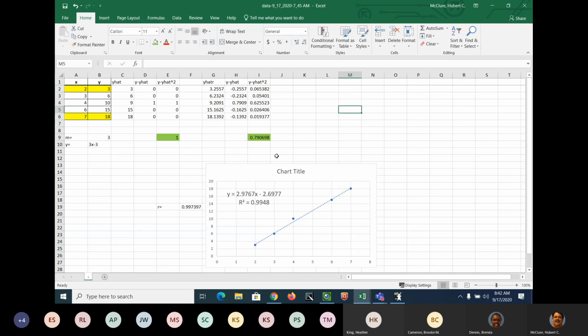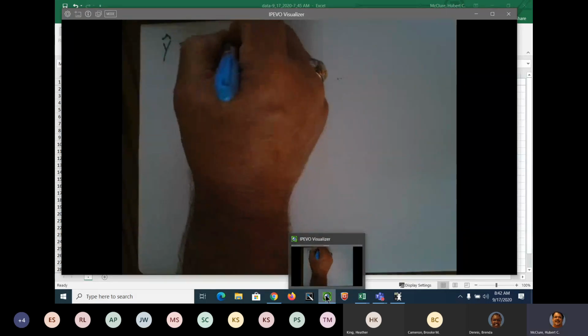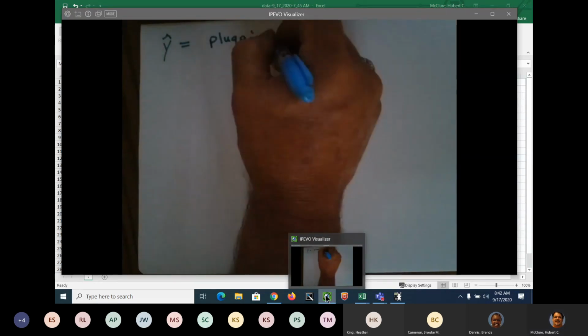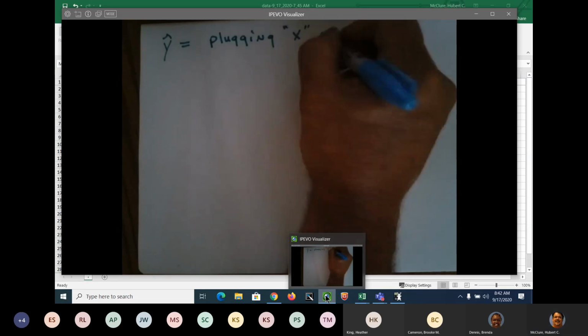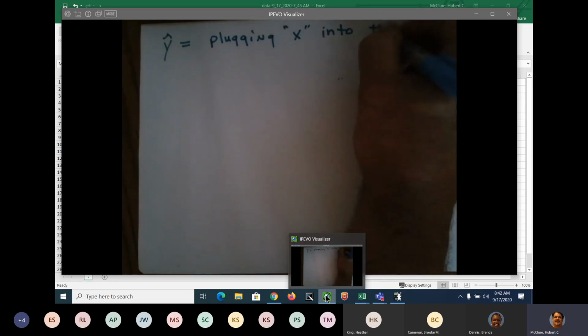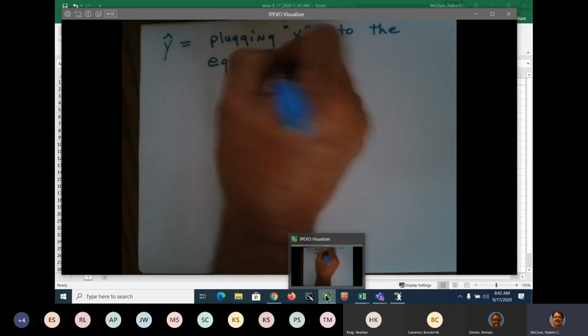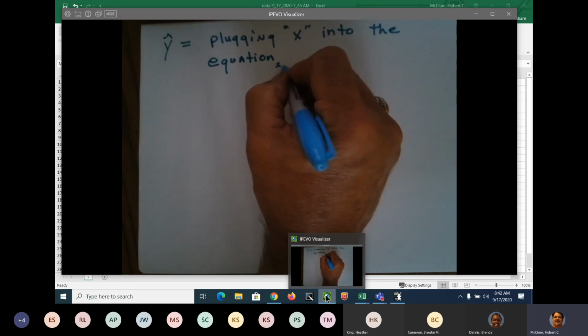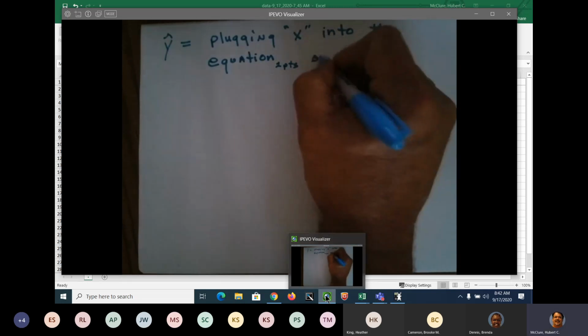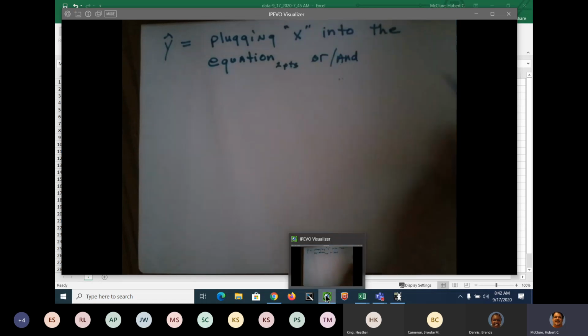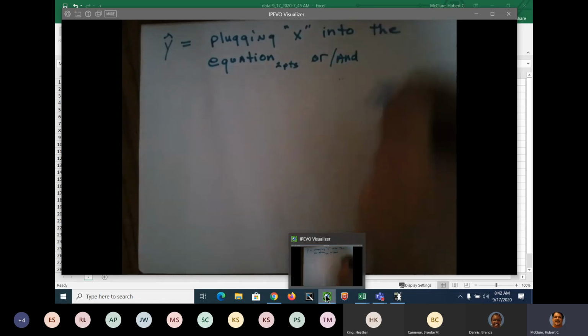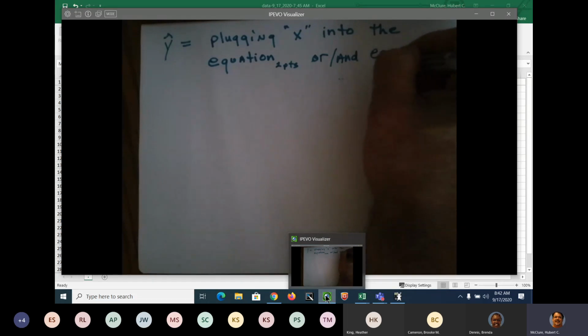Y hat is plugging x into the equation. That could be the equation for the 2 points or, depending on the homework problem, or the equation for the trend line.